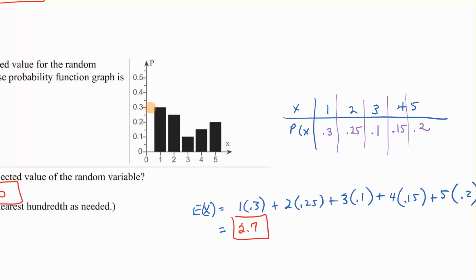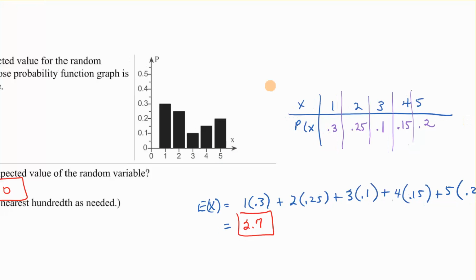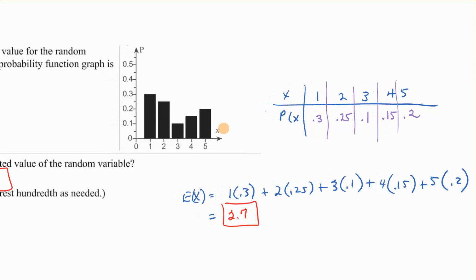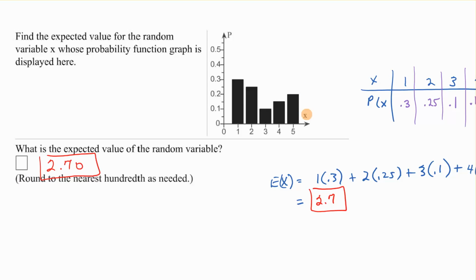At 1 we're at 0.3, at 2 we're at 0.25, at 3 we're at 0.1, and we go down the line like that. We create our table, and then to get our expected value we multiply 1 times this, 2 times here, do that all the way down, add them, and we get 2.7. It says round to the hundredths, so if there's not another digit we will add a 0.